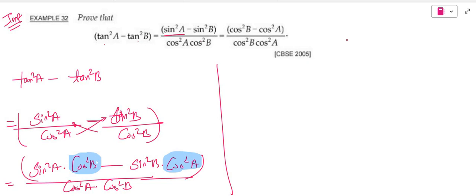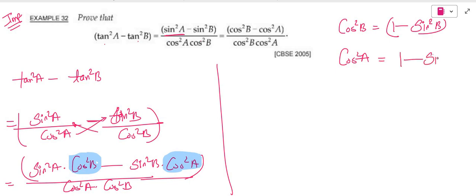ठीक है, तो आपको फॉर्मूला याद है, cos square b is 1 minus sin square b, we know, and cos square a is what? 1 minus sin square a. Correct? These are the formulas.